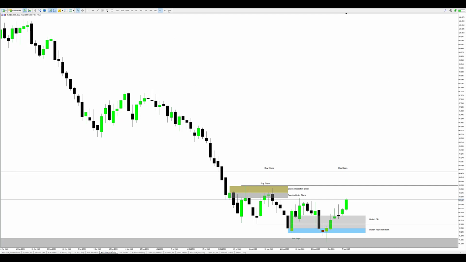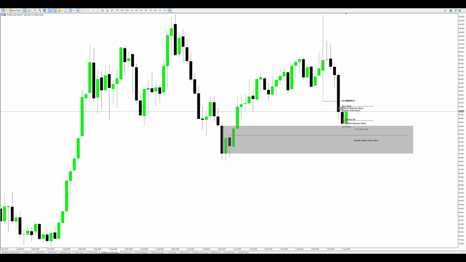We have seen that on a monthly chart, let me drop to a monthly chart. Those are the highlights or areas that I would like to take note of on the lower time frames. So we had price moving nicely back into our monthly bullish order block, which we highlighted a month or so ago, a month and a half.